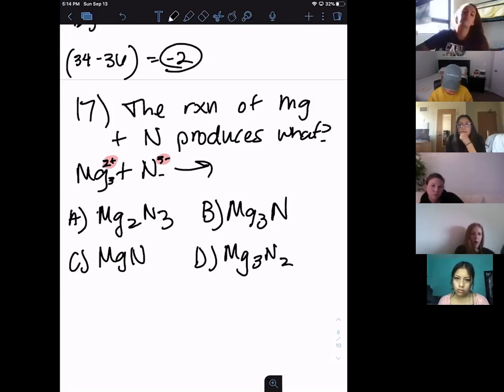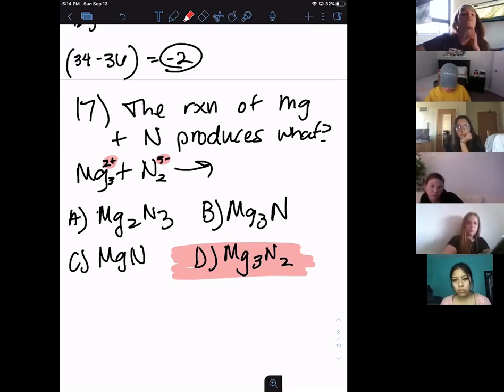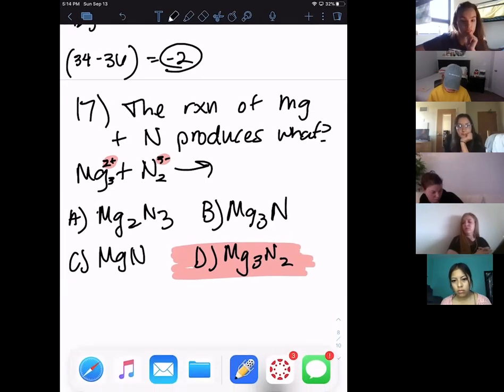So you need to flip them. Okay, and that was how we would balance out. So for that, it would be D. You need 3 magnesiums to balance out the 2. You can also do the math that way, but personally, I like the easy route.